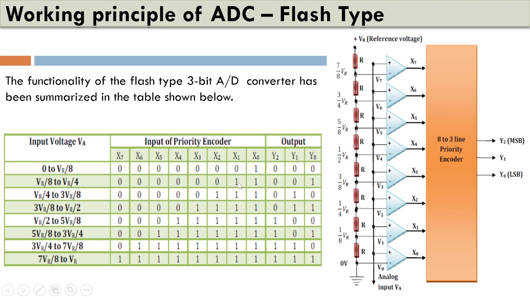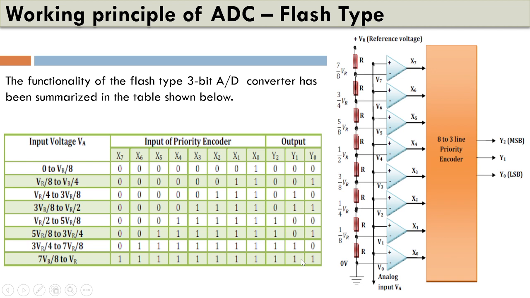Since the priority of X1 is greater than X0, the output will be 0, 0, 1. In the next case, X0, X1, X2 are all high, but X2's priority is greater than X1 and X0, and hence we get 0, 1, 0. Similarly, if the input voltage is between 7 by 8 VR and VR, then X7 is high, and obviously we get the last combination.